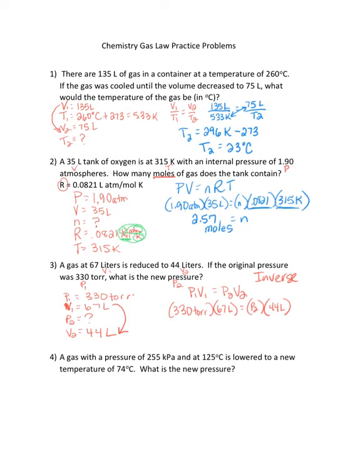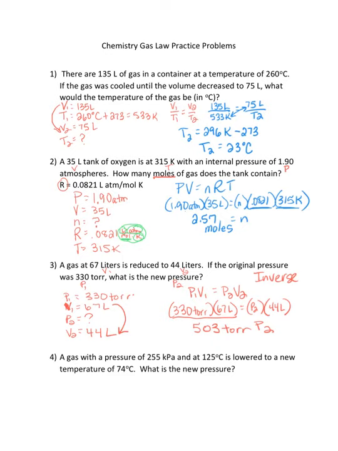We're going to multiply the 330 times the 67, and then we're going to divide by the 44, and we should get an answer of P2 equals 503 torr for our final answer. And we said that it would go up from 330 torr, so we should be right there.